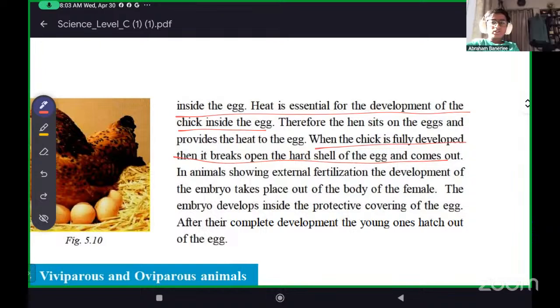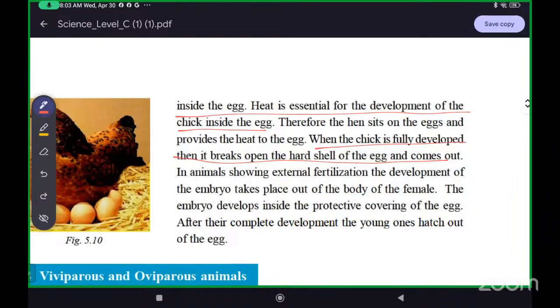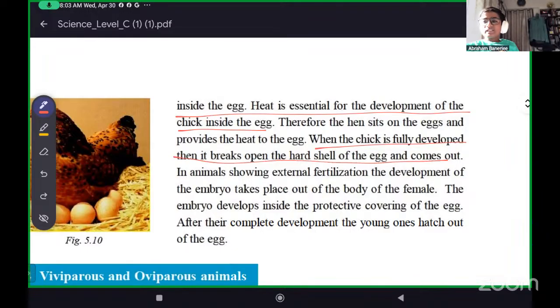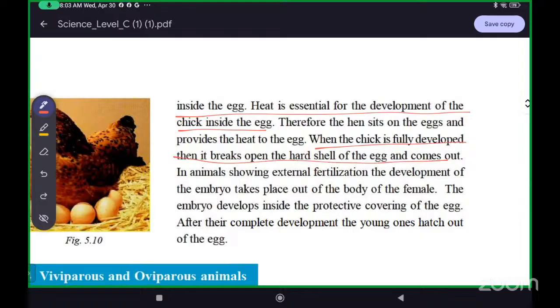The embryo develops inside the protective covering. Yes, Abraham. Ma'am, why does the egg not break under the hen? Because the hen sits on it in such a way, totally covering it with a larger surface area.